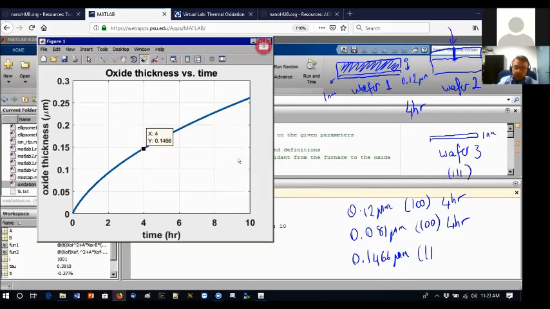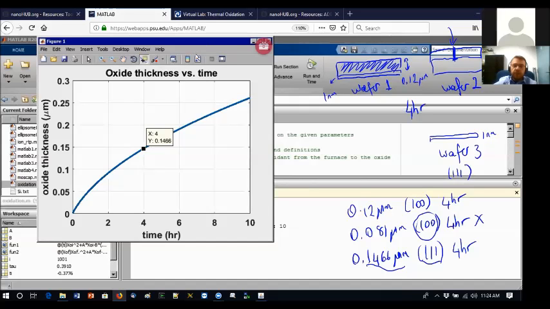Now this is 111 plane, again for 4 hours. So we understand that the 100 with initial oxide is the worst. The 100 with no oxide is somewhere in between, but 111 without the initial oxide is the fastest.